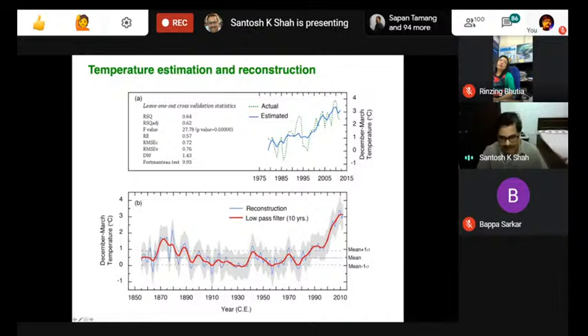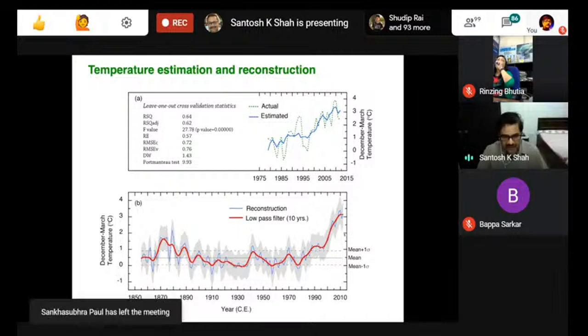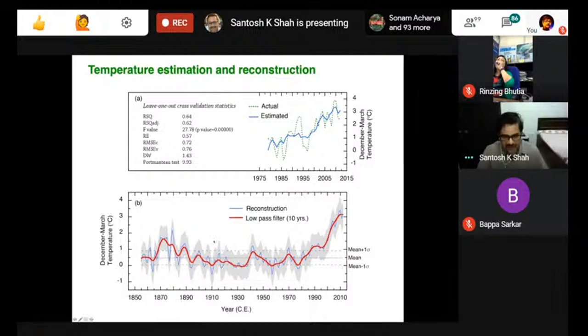And over the entire 150 years, the recent temperature is rising. So with this tree ring based reconstruction we can say that the temperature of that region is continuously rising compared to the last 160 years. So we use tree rings to get a longer climate record.